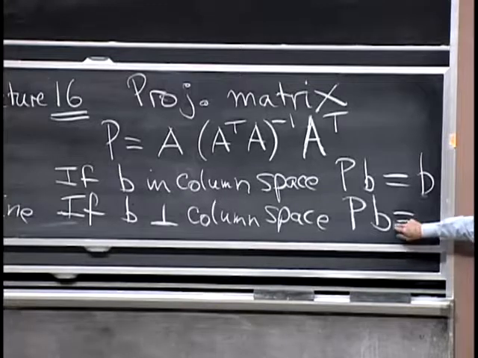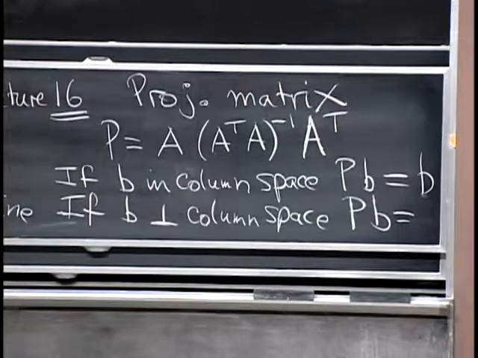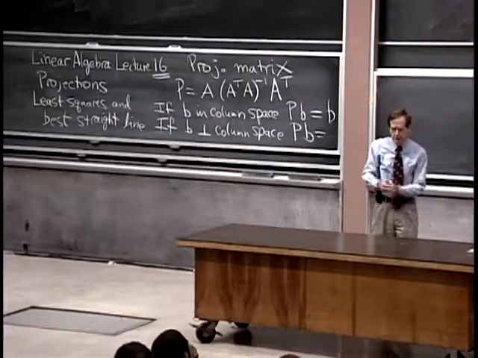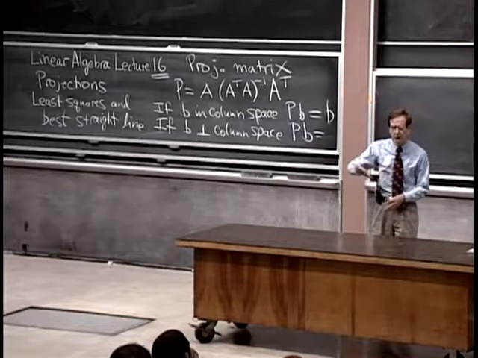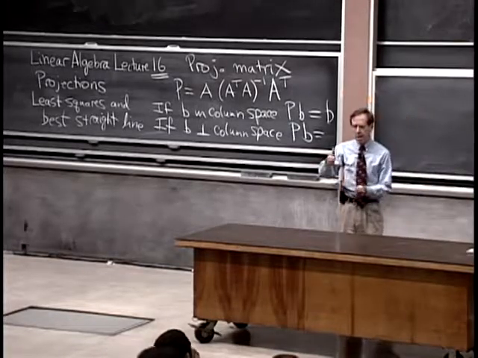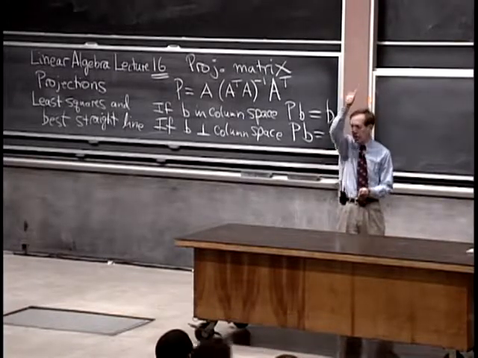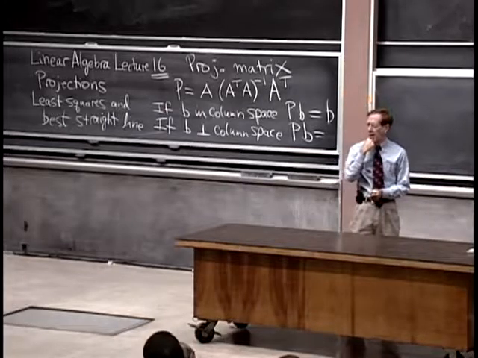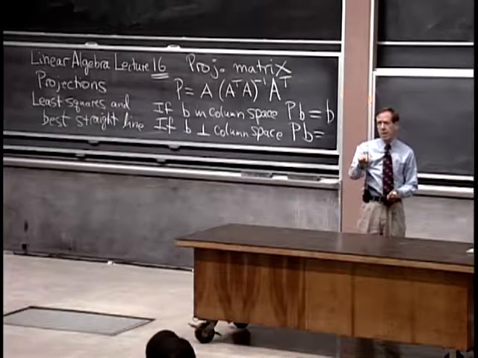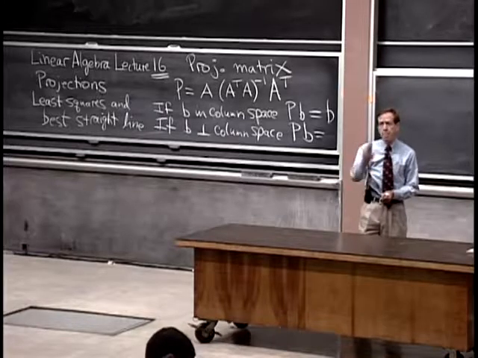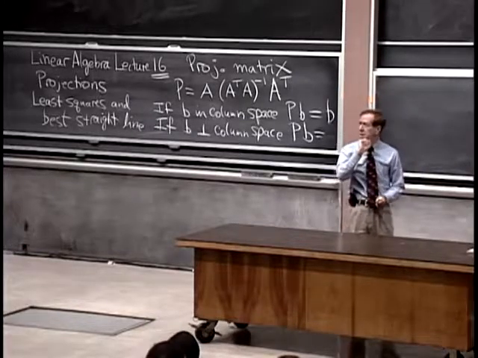Let me do the other extreme. Suppose that vector is perpendicular to the column space. So imagine this column space as a plane, and imagine b is sticking straight up perpendicular to it. What's the nearest point in the column space to b in that case?